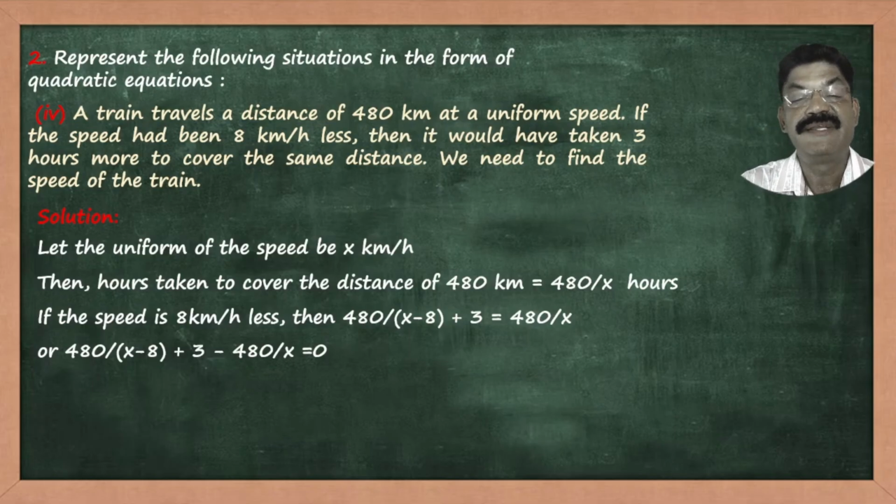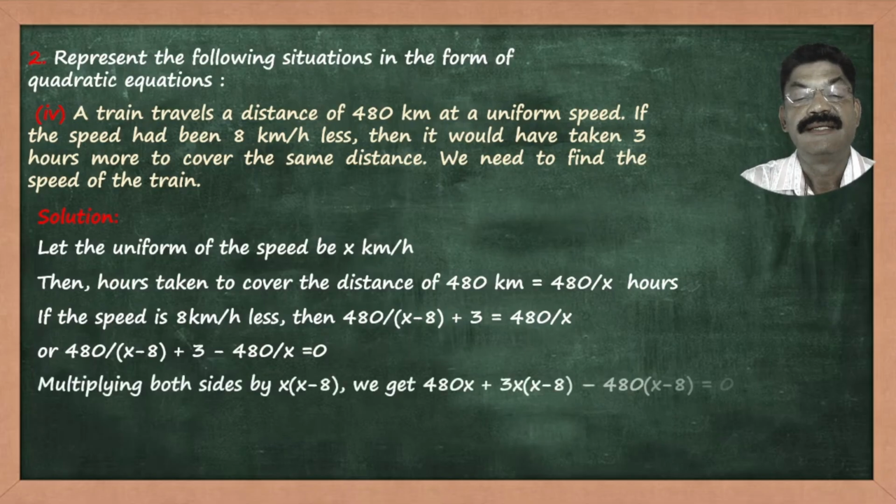So, after simplification, we get 480x plus 3x into x minus 8 minus 480 into x minus 8 is equal to 0. You have to carefully consider this equation. If the speed is reduced by 8 km, then it is 480 divided by x minus 8.